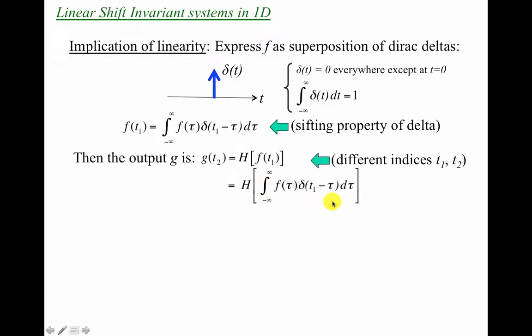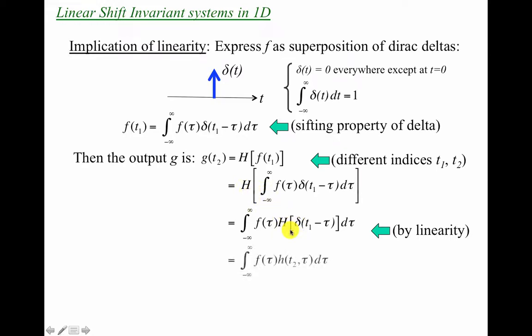If we insert the shifting property description of f into our system expression, we end up with an expression like this. And using linearity, we can now put the h inside the integral. So what we end up with is a description of g in terms of the effects of the system h on a bunch of shifted deltas, each of them weighted by the value of the input f at that particular point.